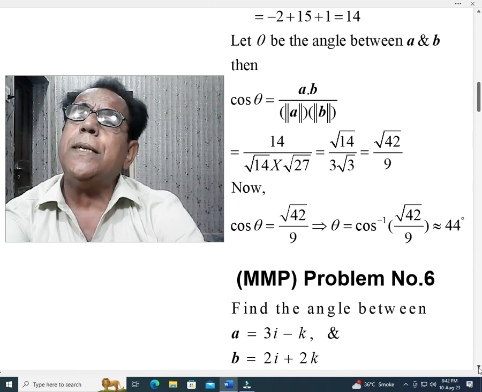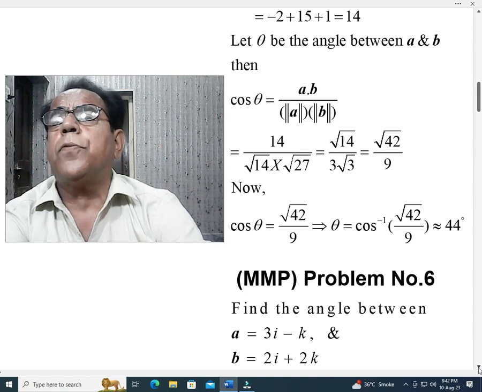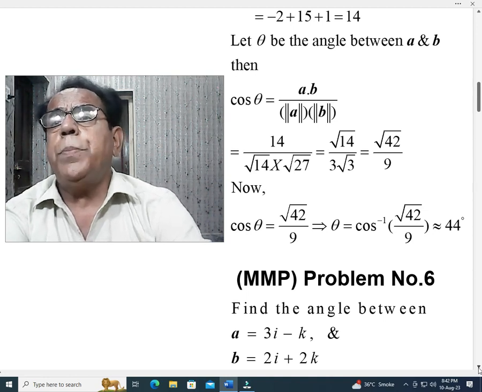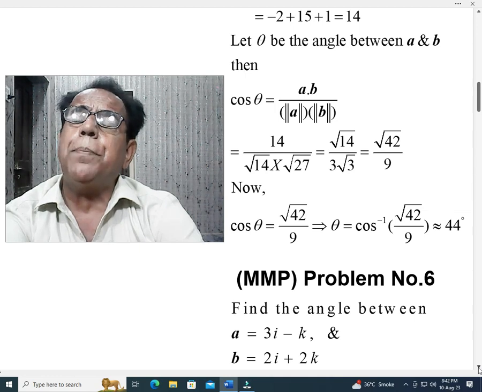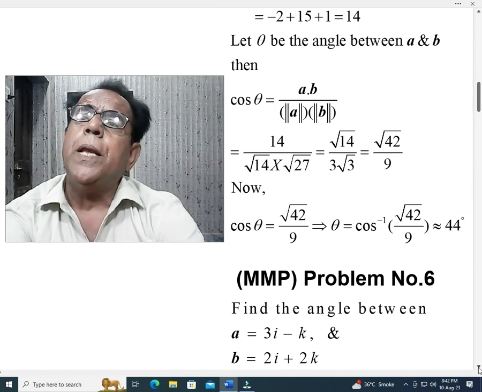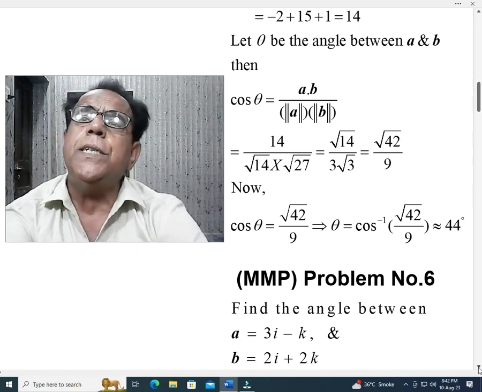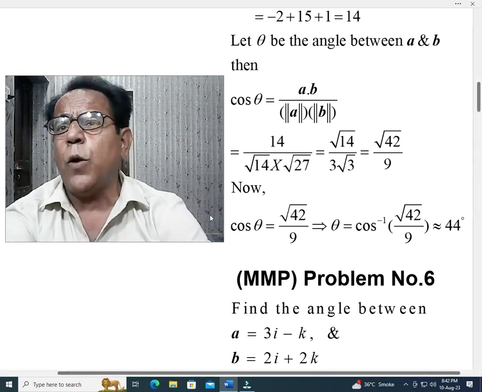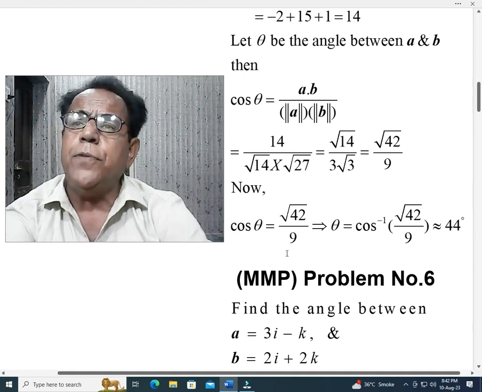So in the numerator square root of 14 will become square root of 42, while in the denominator it will become 9, because square root of 3 when multiplied with square root of 3 becomes a complete 3, and hence 3 into 3 equal to 9. Now cos theta is equal to square root of 42 divided by 9.